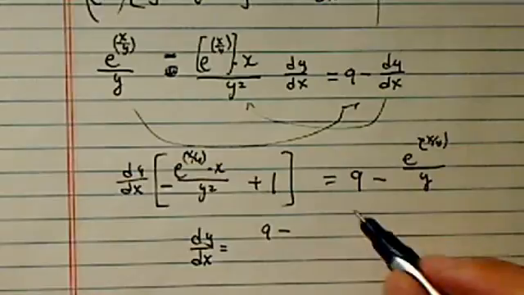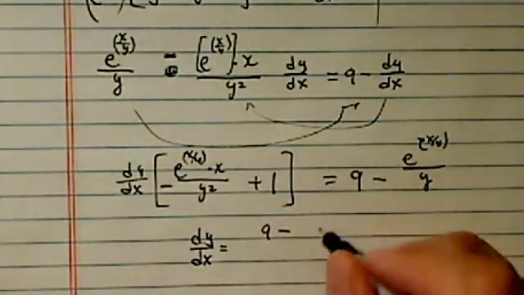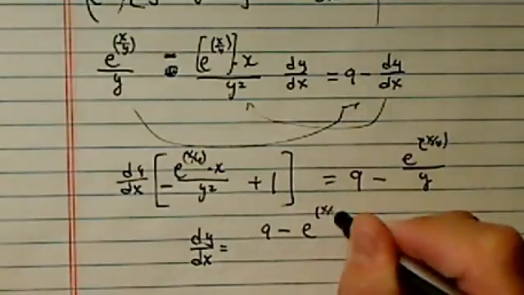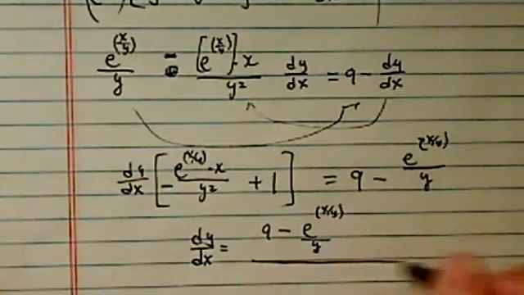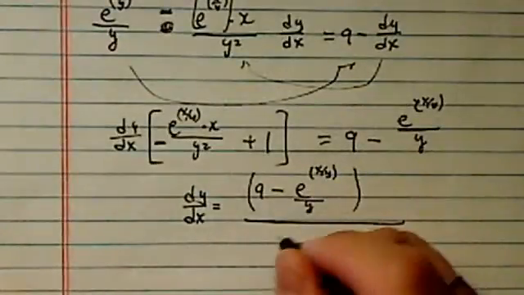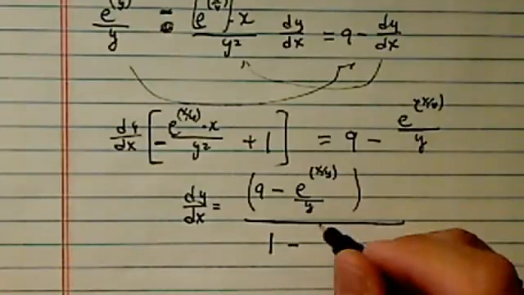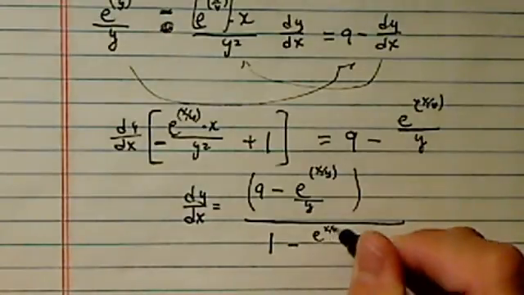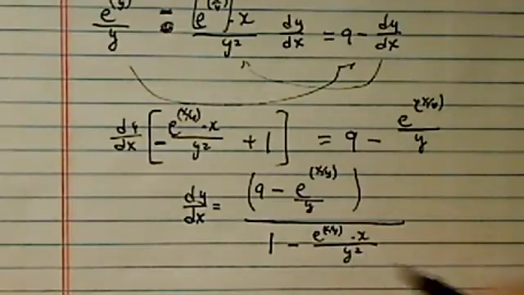Okay. So 9 minus e to the x over y, the whole thing divided by y, and the whole chunk is divided by what I have over here: 1 minus e to the x over y times x divided by y squared.